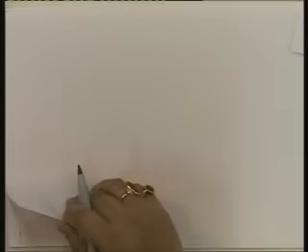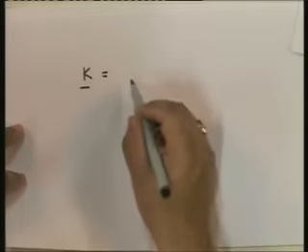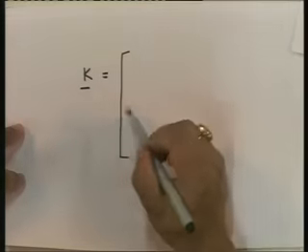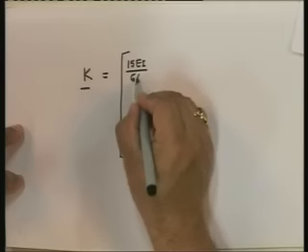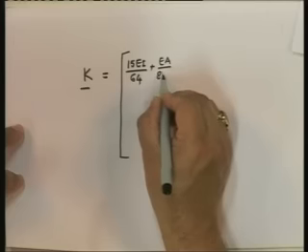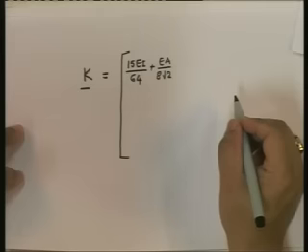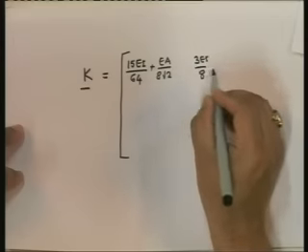Since all the EIs are the same, my stiffness matrix K is going to be equal to: 12 over 16, so this is going to be 15 EI upon 64 plus EA by 8 root 2. The second one is going to be 3 EI upon 8.